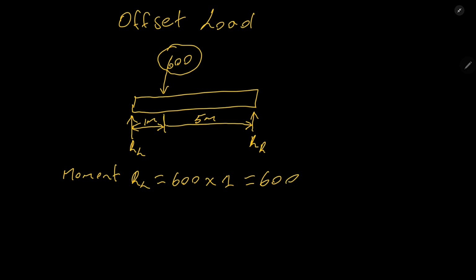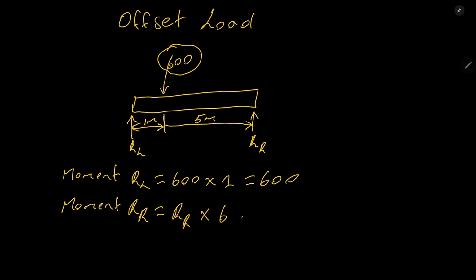Now that we know that value, let's determine the moment at RR. This is going to be equal to RR multiplied by the total distance between the two reaction points, which in this case is 5 plus 1, which is equal to 6.